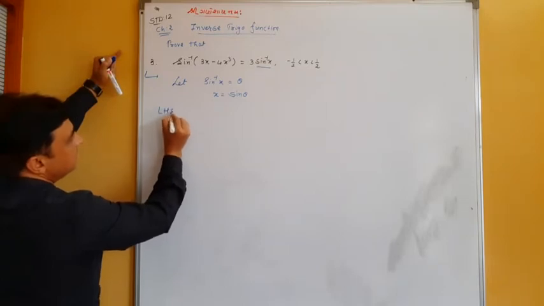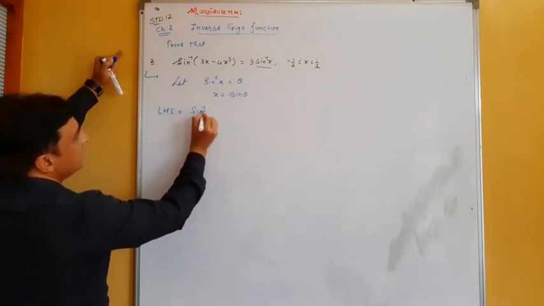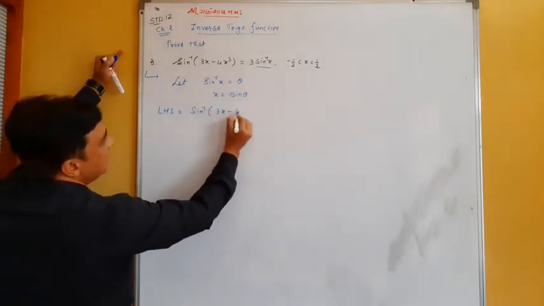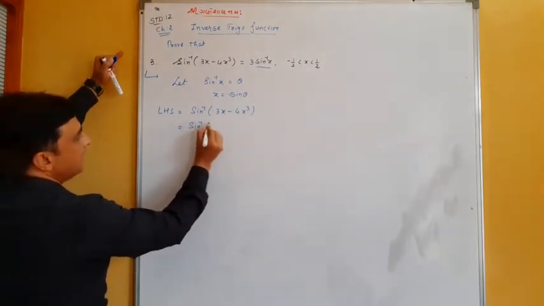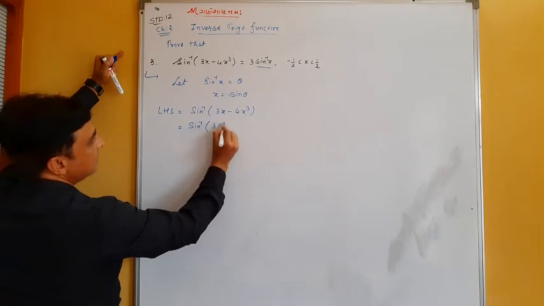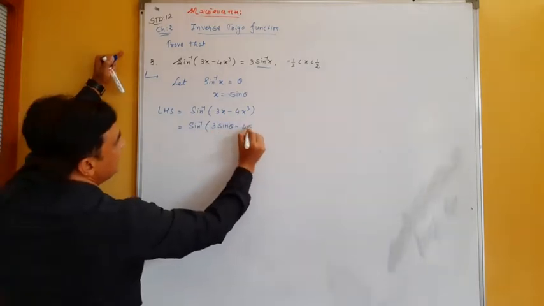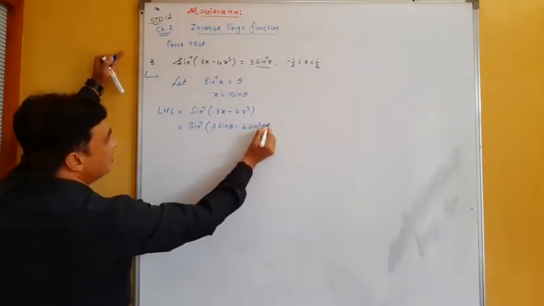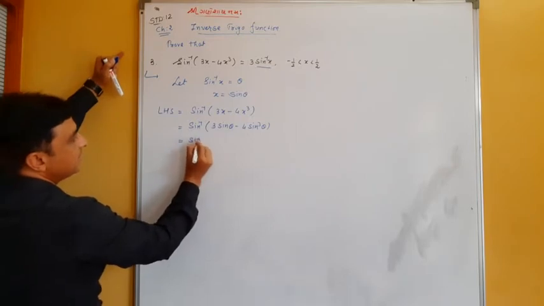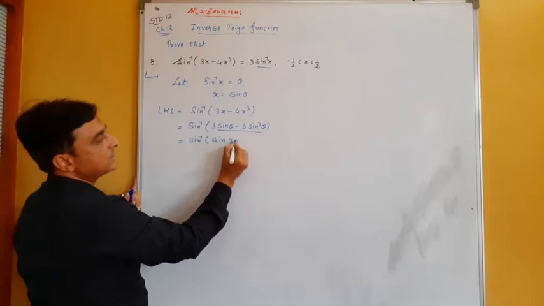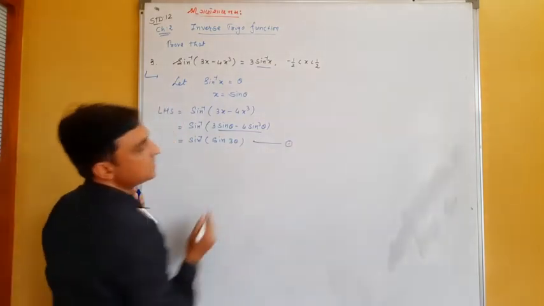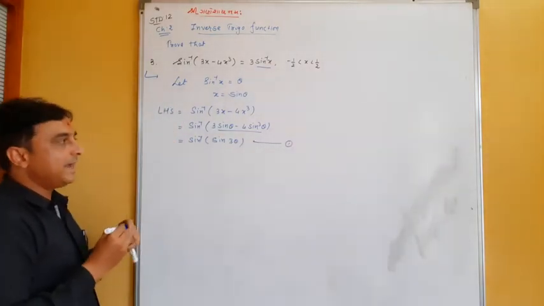Now for the left hand side, sin inverse (3x minus 4x cube). Since x equals sin theta, this is 3 sin theta minus 4 sin cube theta, and this is the formula of sin 3 theta. Say it is 1. Now what do we have to check?